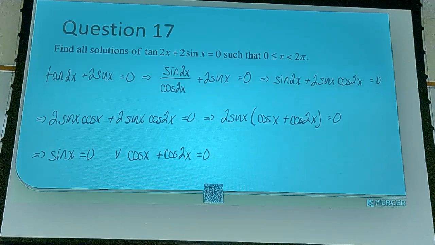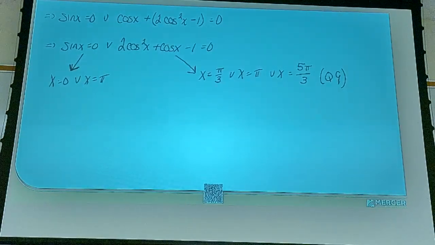None of those, when you multiply by 2, will give you a cosine 0. You need an odd multiple of pi over 4 to get an odd multiple of pi over 2. When you double it, none of those are odd multiples of pi over 4, so we're good. They're all solutions.